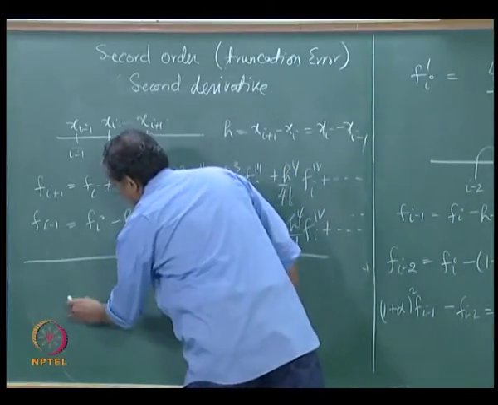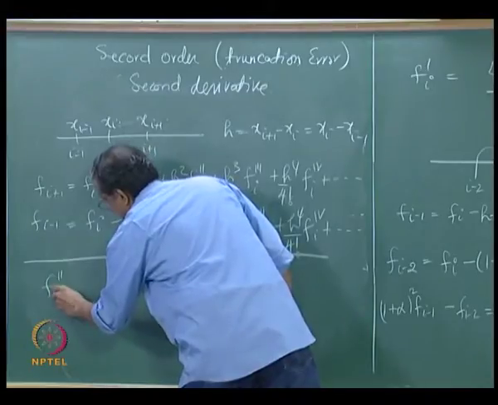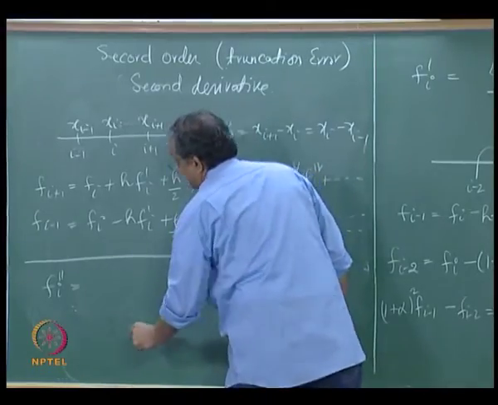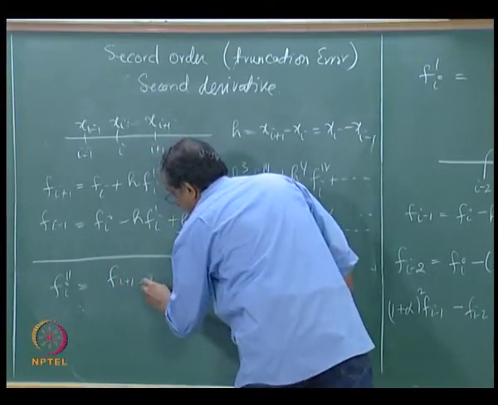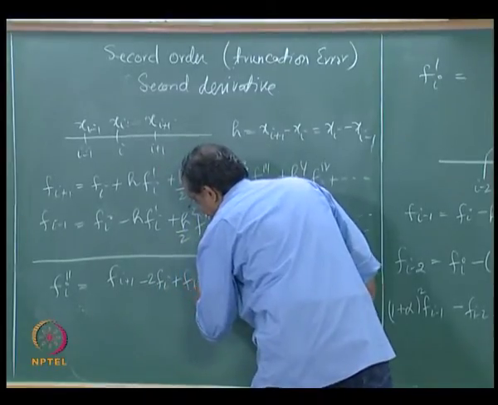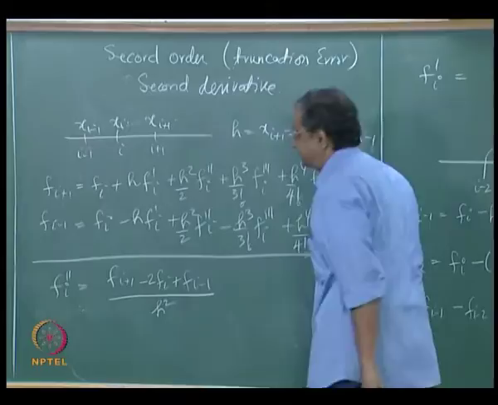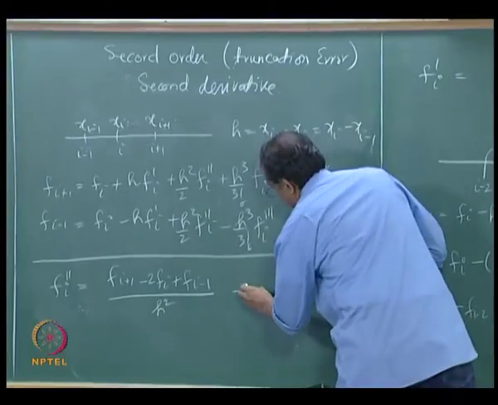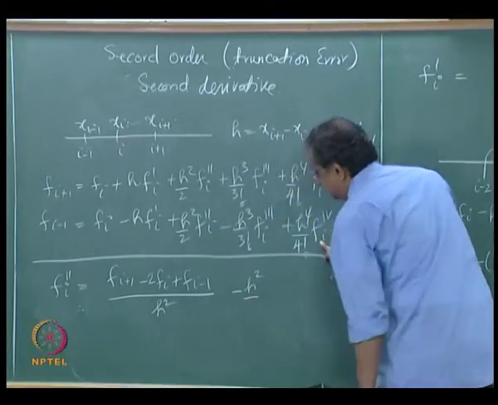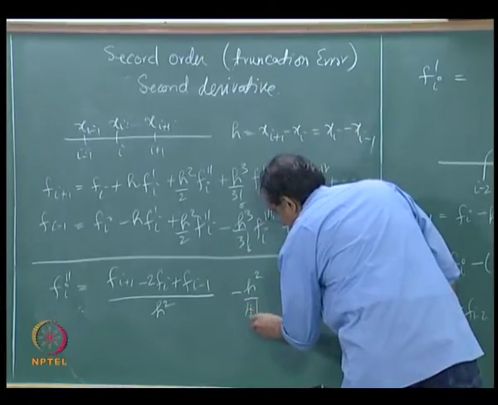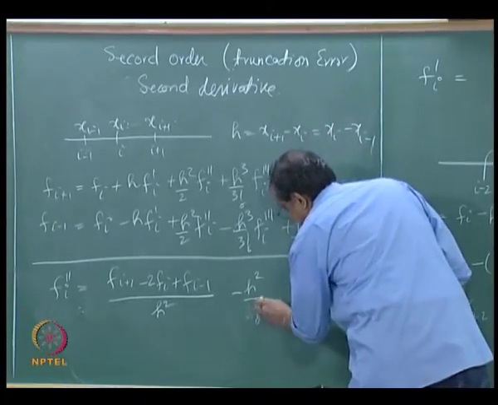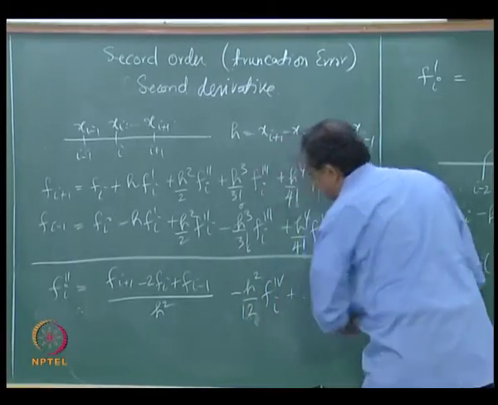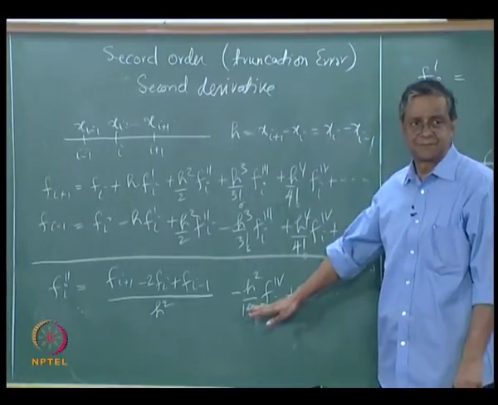So it gives me the expression for the second derivative that we derived in the last class, that is f double prime at i is f i plus 1 minus 2 f i plus f i minus 1 divided by h squared, minus h squared by, there are two of them, okay. This is a truncation error.